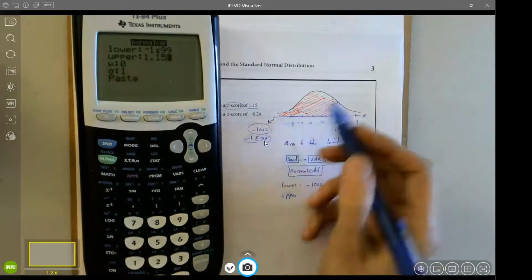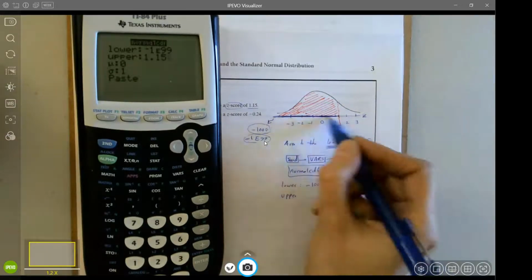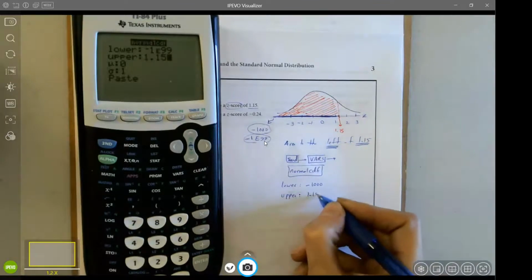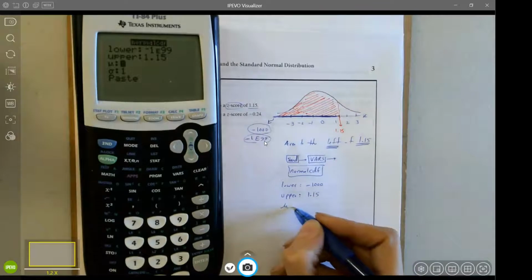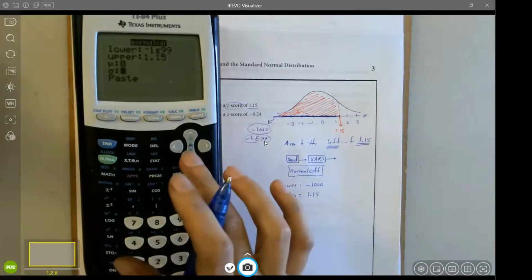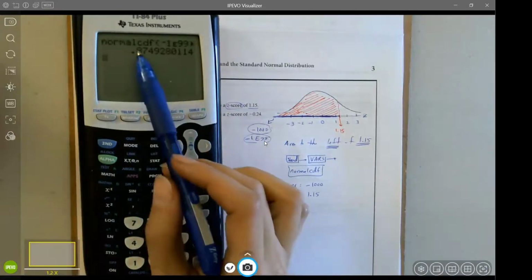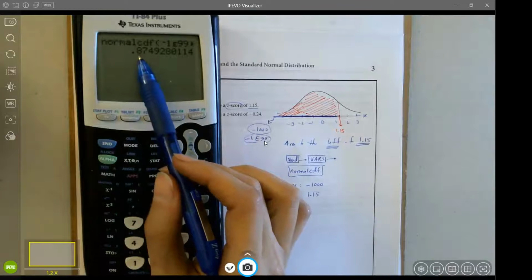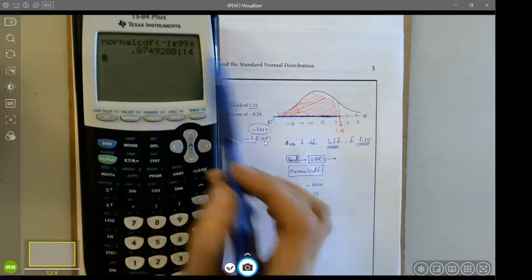So between these two numbers, the mean of the standard normal distribution is 0 and standard deviation is equal to 1. So paste, and we have 0.84, 87, 49, and so on.